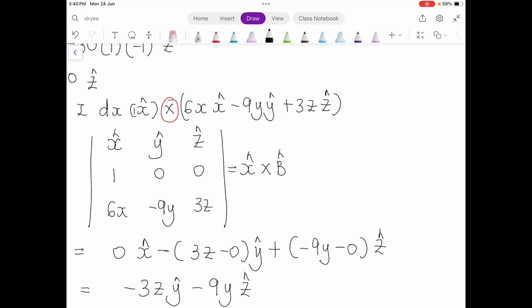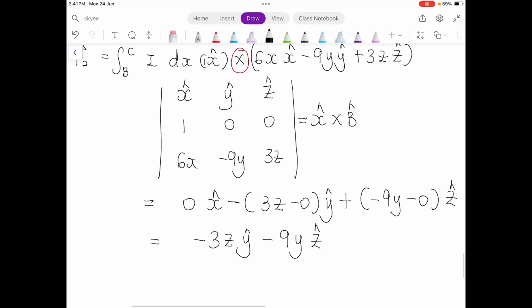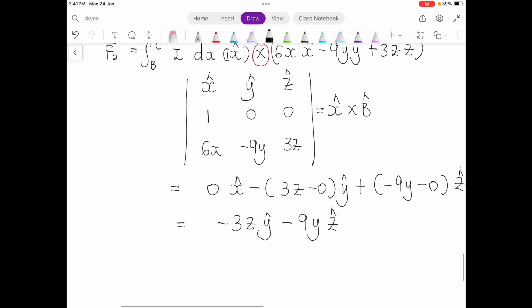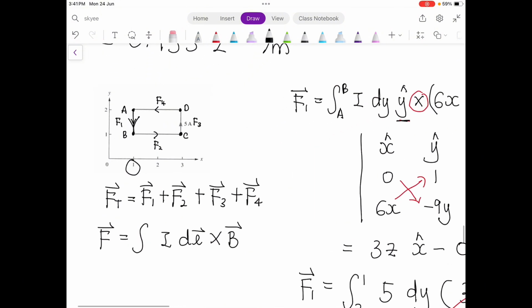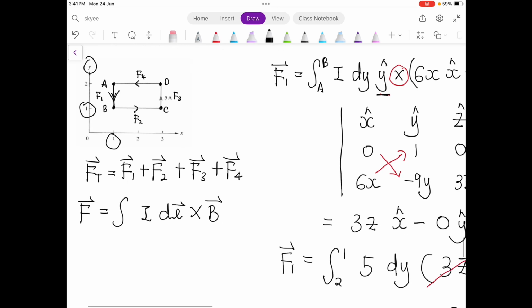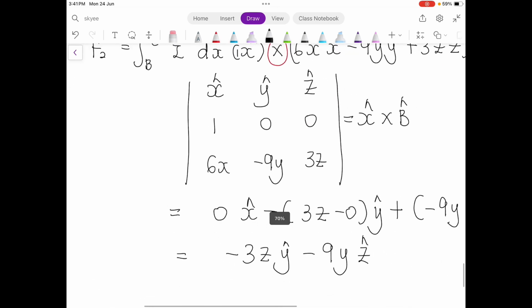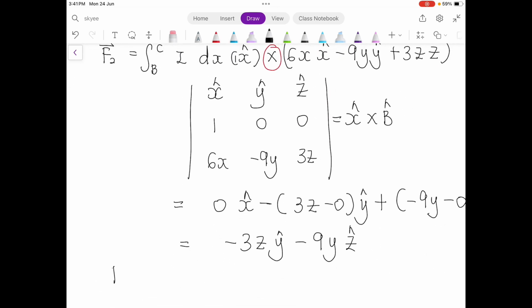This is x cross with B. So get this one and replace here. For B to C, you can see B to C is from 1 to 3 at the position y equals 1. So F2 is from 1 to 3.